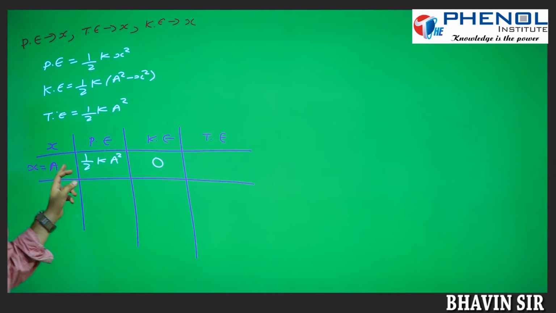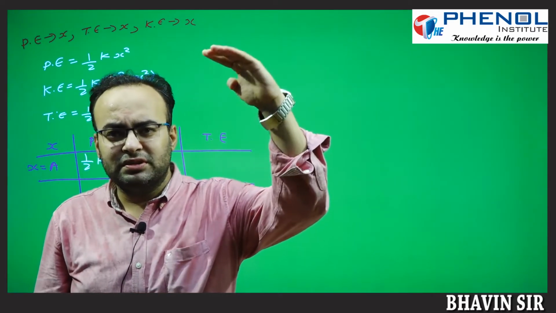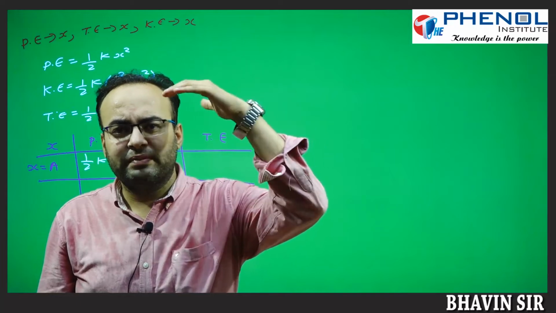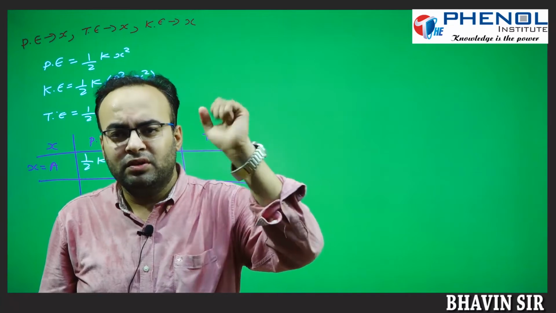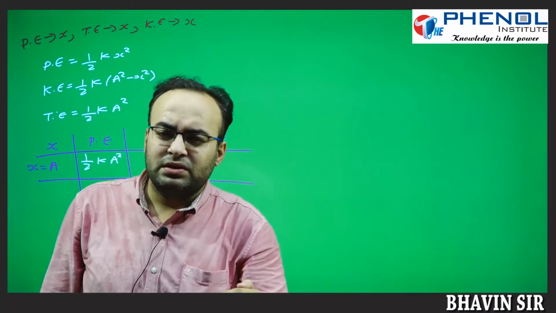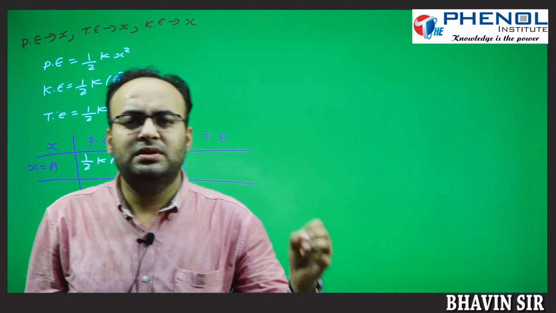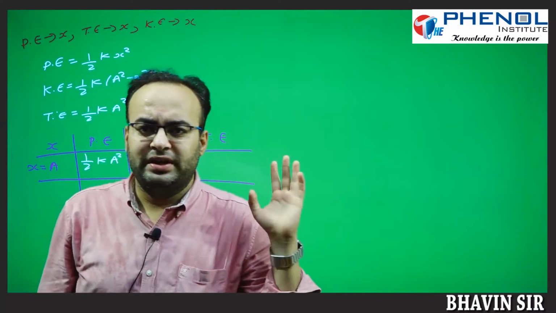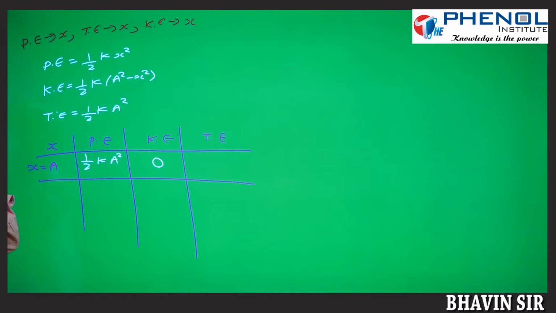At x equals a, at maximum position, velocity becomes 0 because at the maximum point the oscillator comes to rest and then moves in the opposite direction. So at the highest point kinetic energy is 0 and potential energy is maximum.